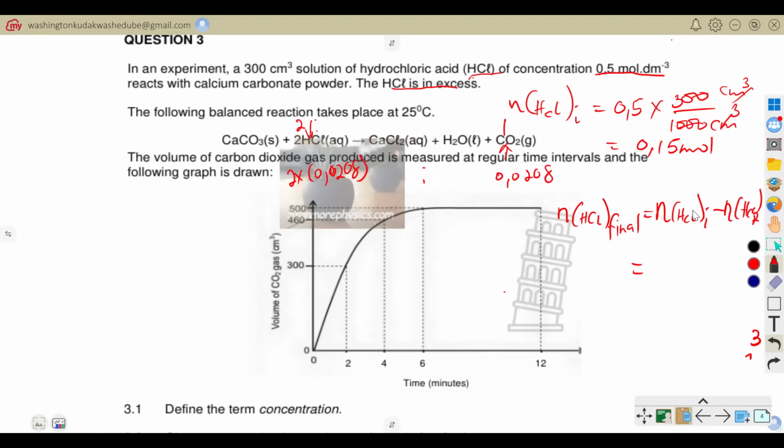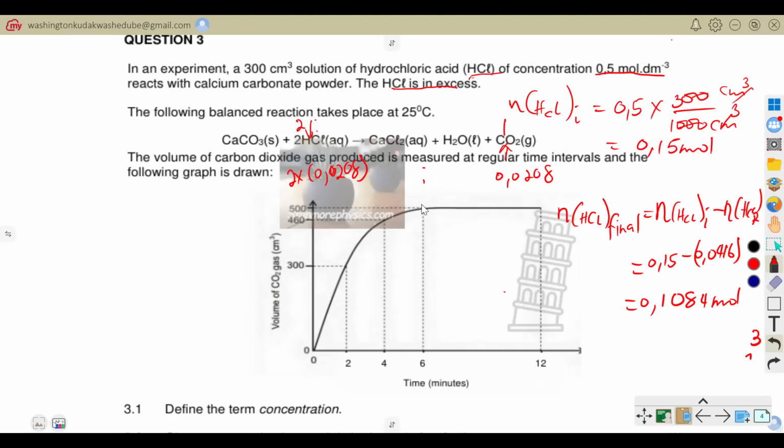So this is going to be equal to 0.15 minus the value that we find by saying 2 times 0.0208, which is equal to 0.0416. So if I subtract these two, I'm going to find 0.1084 moles. So these are the number of moles of HCl that we will have after 6 minutes.